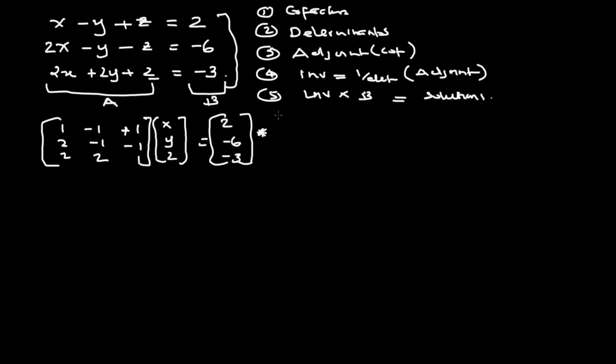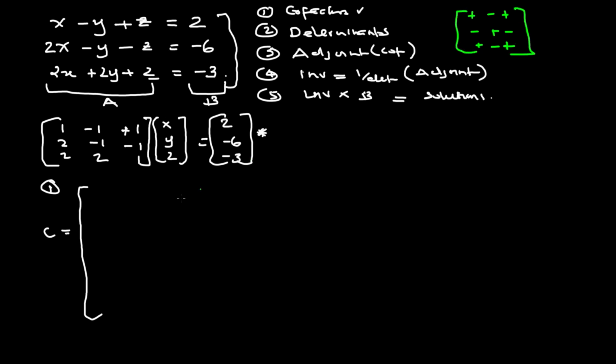Okay, so now let's look at the stages. The first stage, which is cofactors, is a matrix called C. We form it by opening this up, and we have our good friend, the plus, minus, plus, that we cannot do without. So what do we do here?